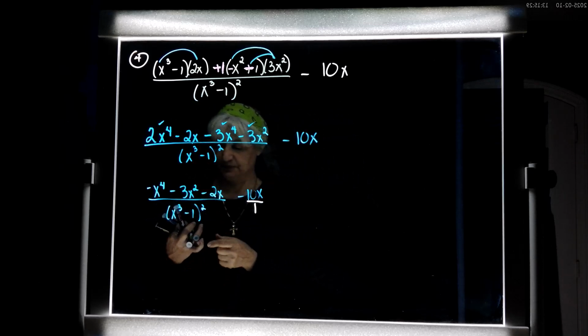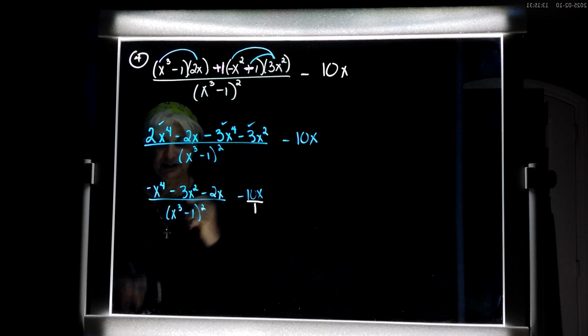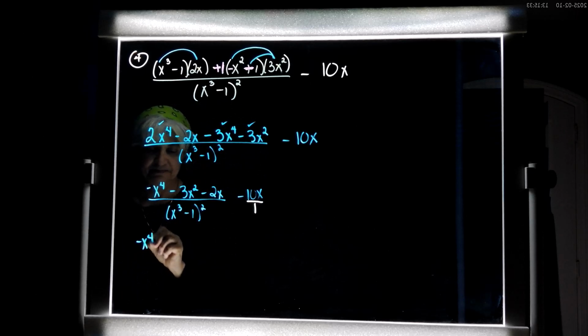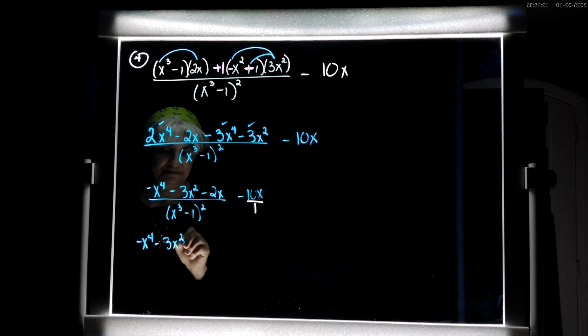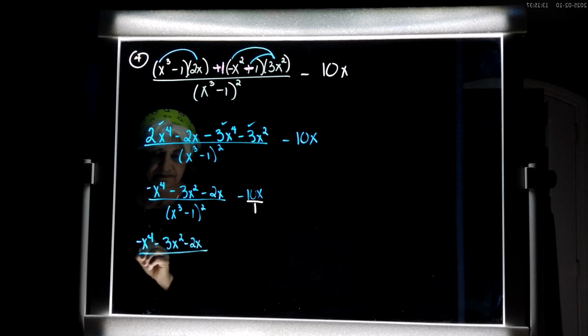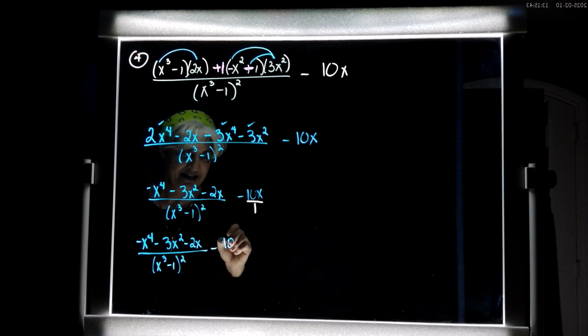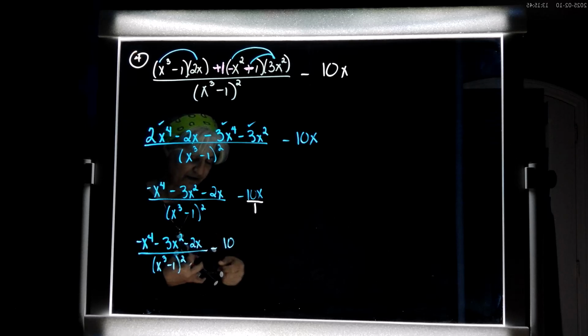So, the original fraction, and now, minus 10 times, what do you have to multiply the numerator and denominator by?